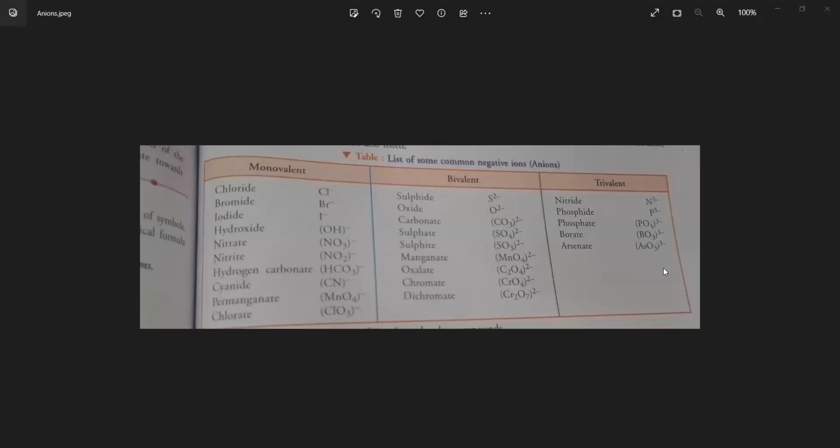Good morning, students. This is a list of common anions we use when we need to form formulas for compounds.